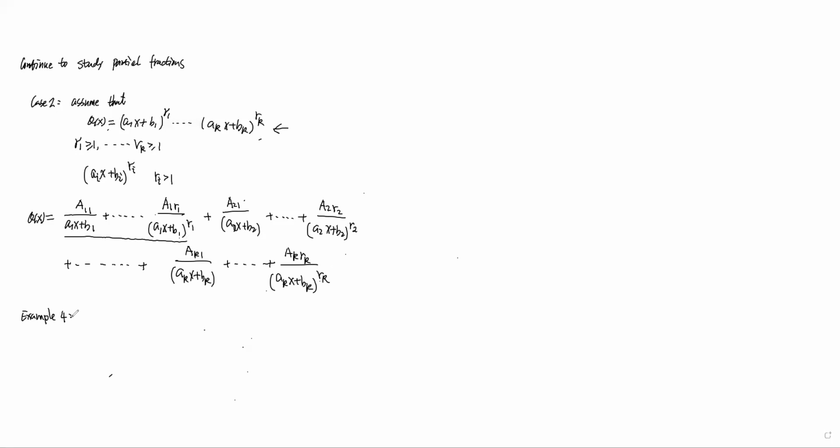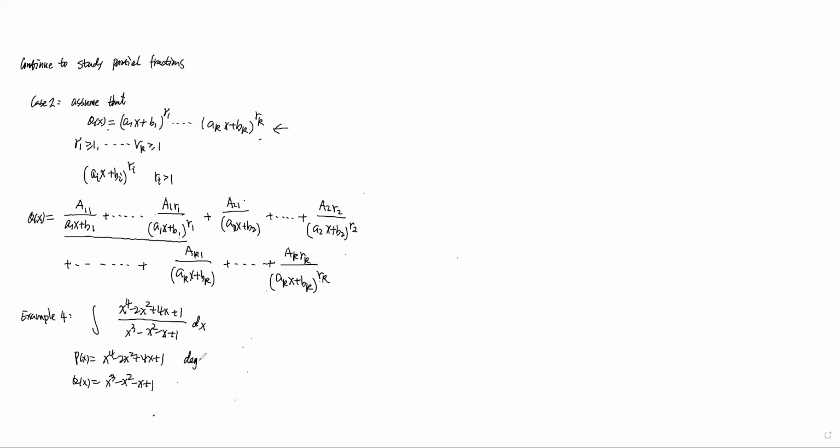Example 4. We have the integral of (x^4 - 2x^2 + 4x + 1) over (x^3 - x^2 - x + 1) dx. If you look at this rational function and check the degree, Px is x^4 - 2x^2 + 4x + 1, and Qx is x^3 - x^2 - x + 1.